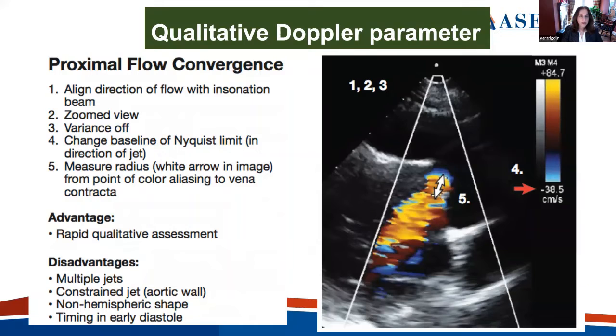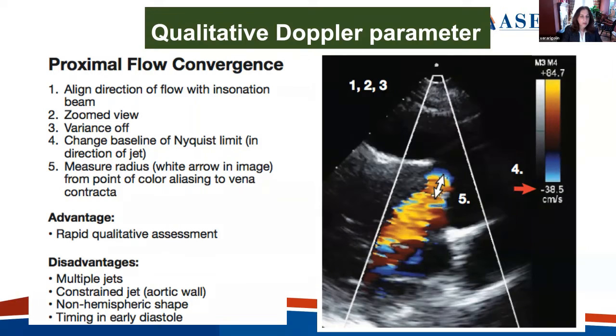Other ways that we could measure the severity from a qualitative standpoint is to do proximal flow convergence. So here we're going to align our beam with the flow of insonation. We want to be in the zoomed view. We want to turn off the variance. And then just like doing PISA for the mitral valve, you want to shift your baseline in the direction of the jet.